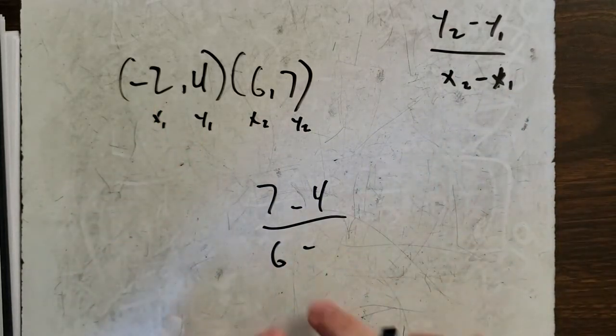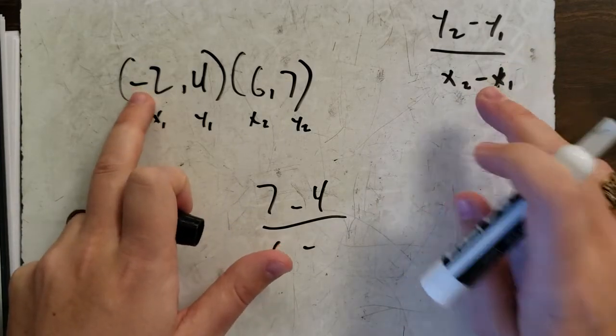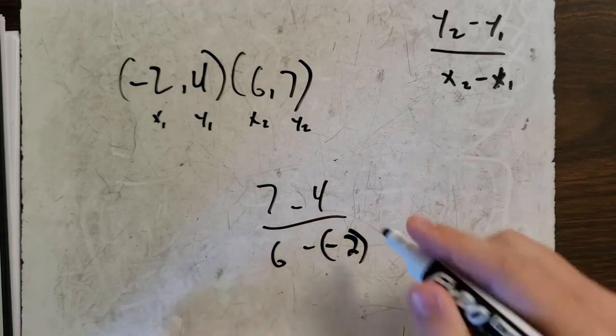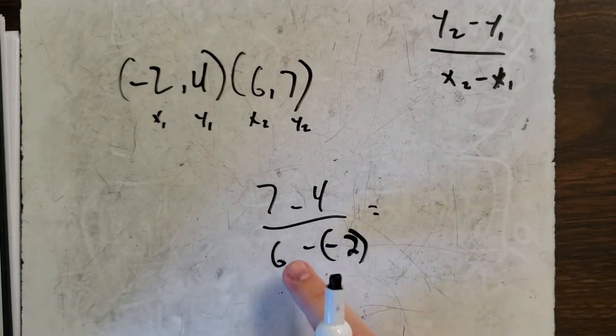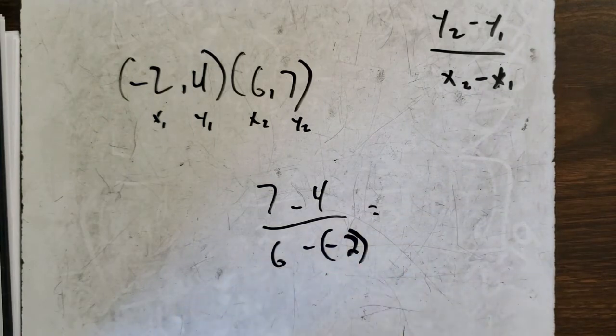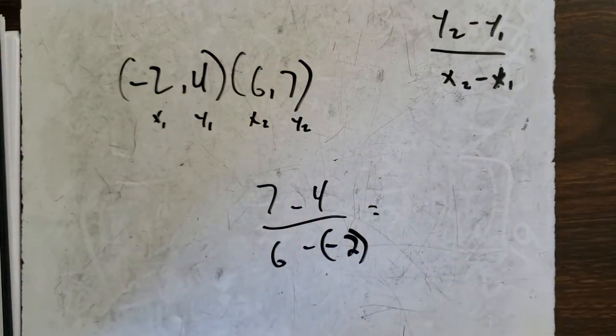Now, this is very important. Your minus is still here with the formula, but you also have a negative. So you must put the negative with the 2, okay? So it's minus negative 2. So do the math. 7 minus 4 is 3.